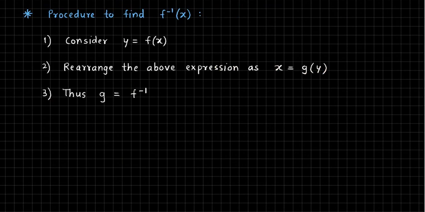Then we rearrange this particular equation into x expressed as some function g of y, alright, and this particular function g is nothing but the inverse of the original function. We have already seen this particular procedure earlier, and based on this we will now solve some examples.